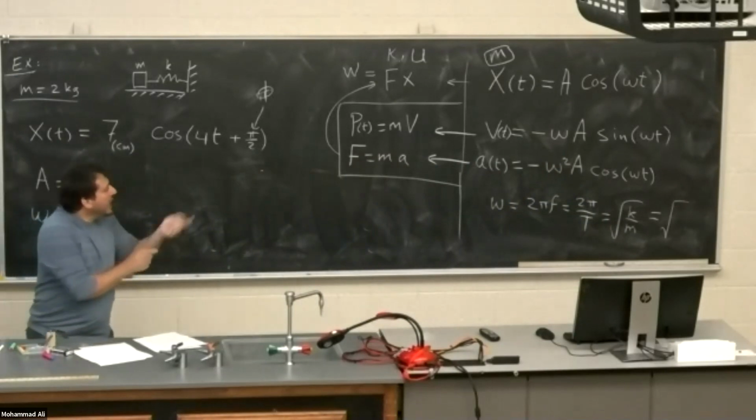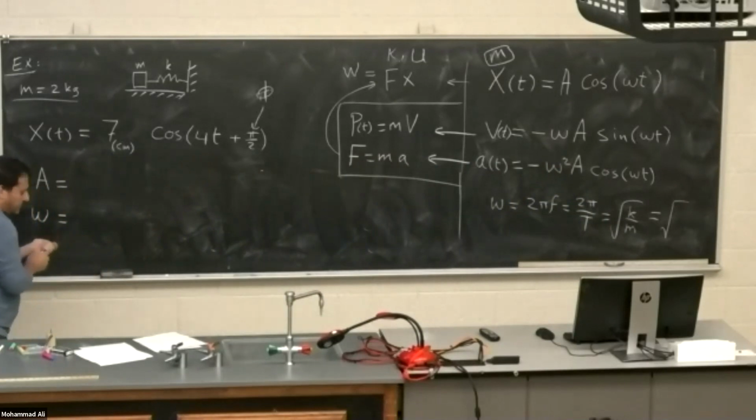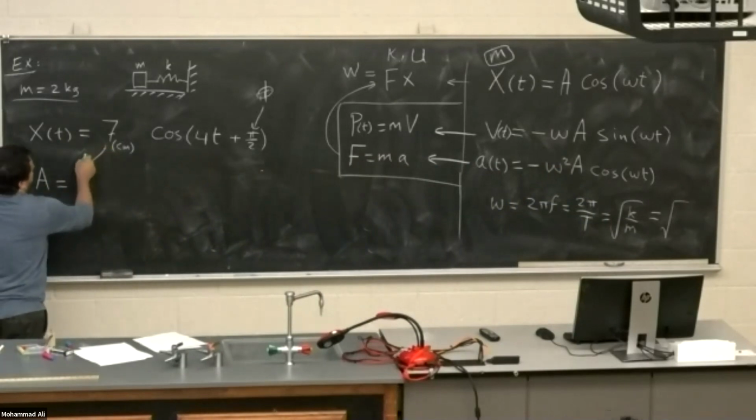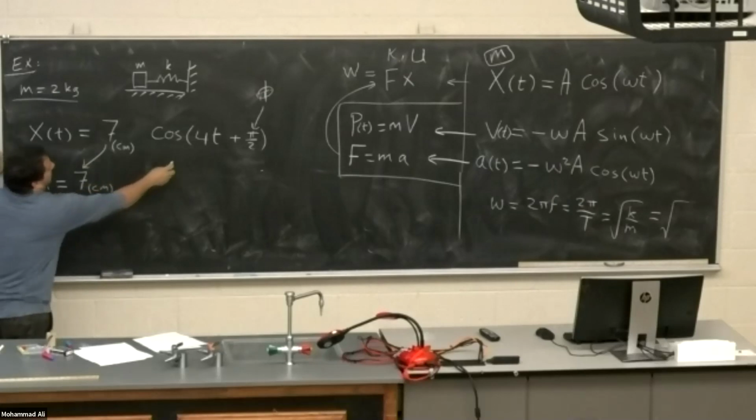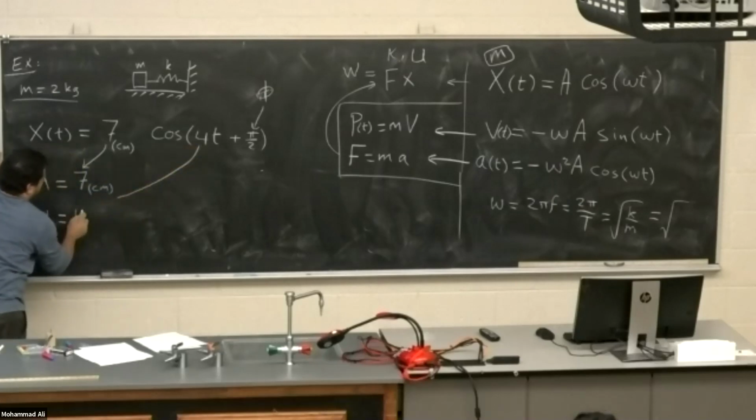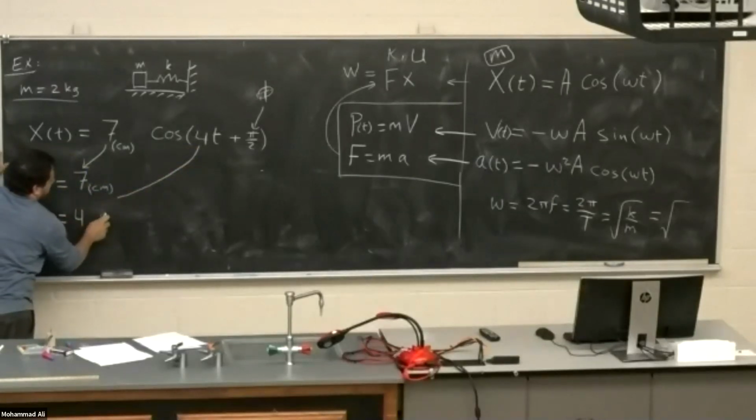How much the amplitude, A? Simply, A is 7 centimeters. Omega is 4. Its units are radian per second.